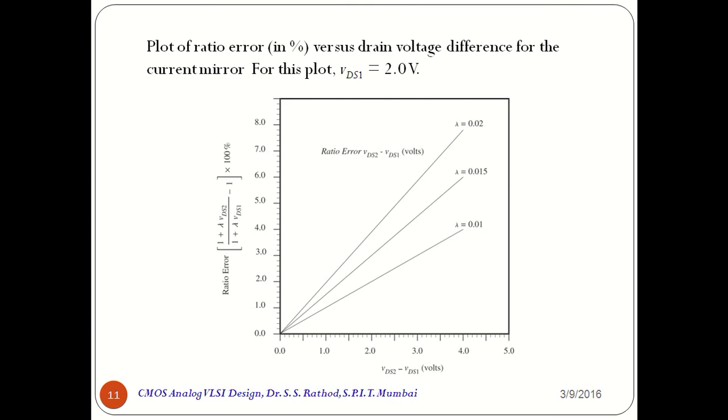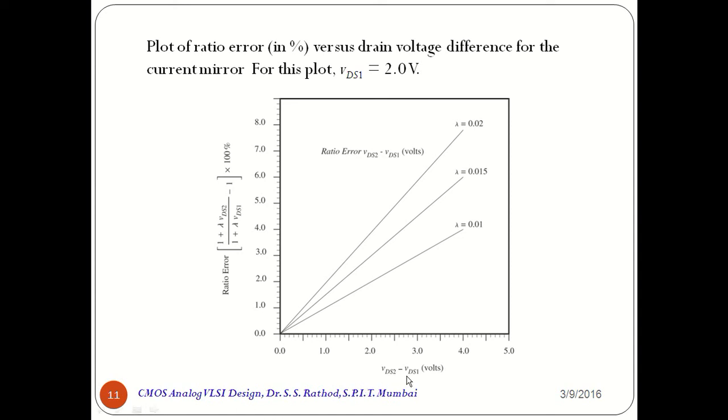Now let us plot the ratio error in percentage versus the drain voltage. So ratio error means 1 plus lambda VDS2 upon 1 plus lambda VDS1 minus 1 for a typical current mirror. So for this plot, VDS1 is equal to 2 volts. Now what you can observe from this plot? There exists a significant ratio error when mirror transistors do not have the same VDS.